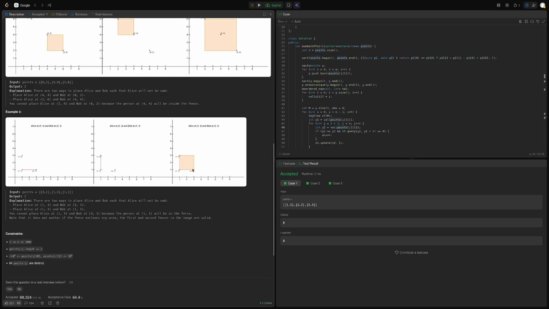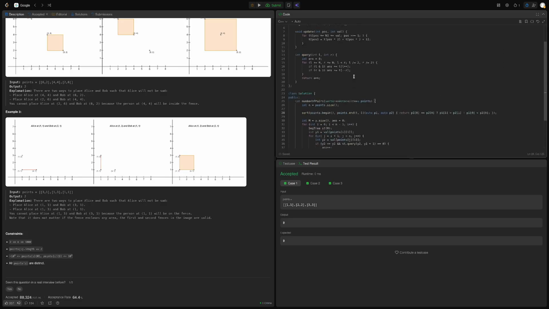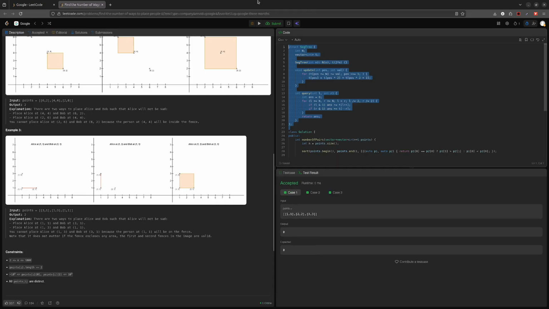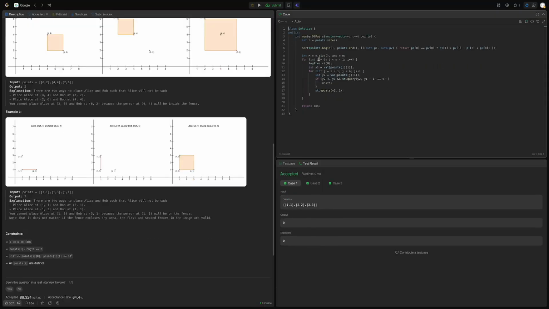So let's say first we process this guy, right? Then obviously the next ones have to have smaller y value. Okay, so we can erase all this.